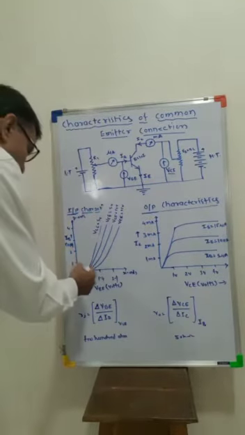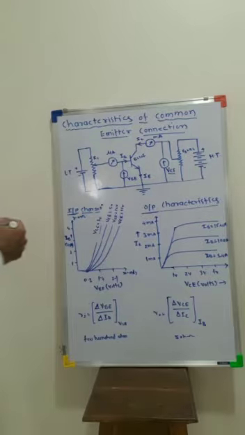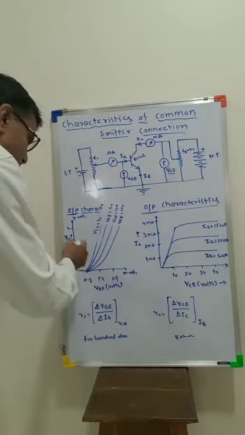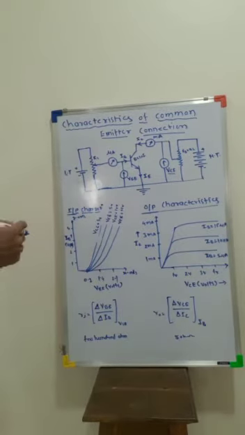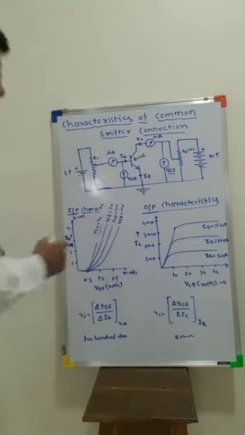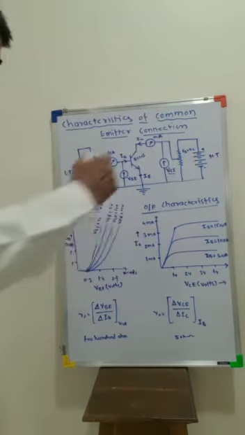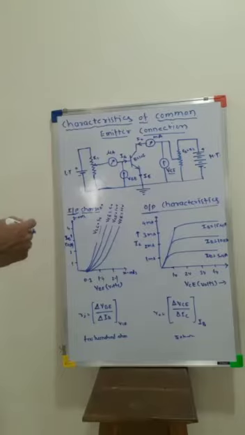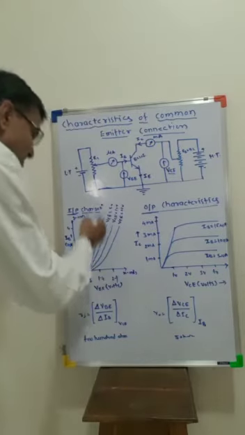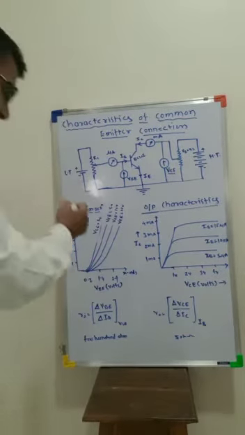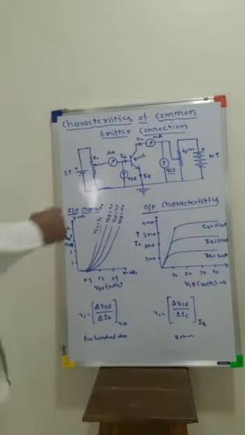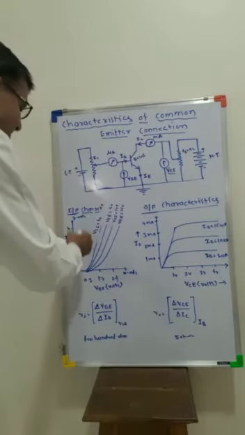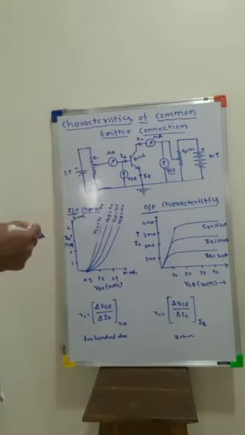We observe that up to 0.7 volt, any change in VB produces no change in IB. But beyond 0.7 volt, beyond 0.3 volt, a slight change in VB, meaning a slight change in input voltage, produces a large change in input current.